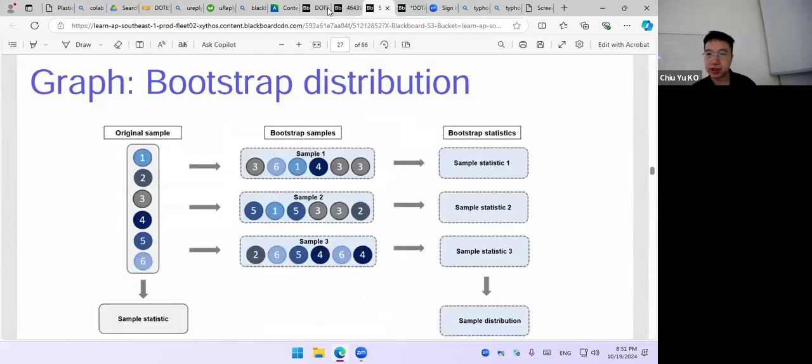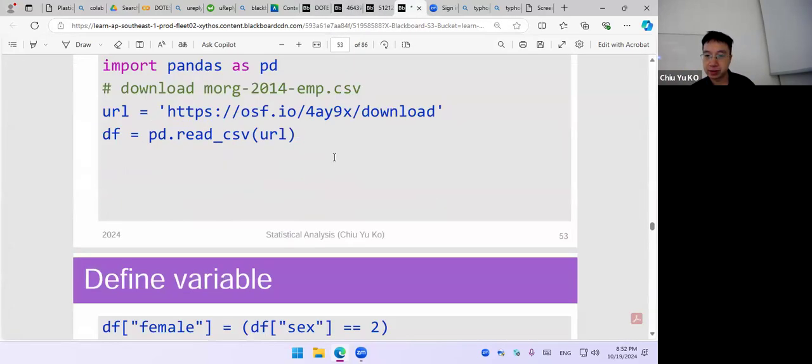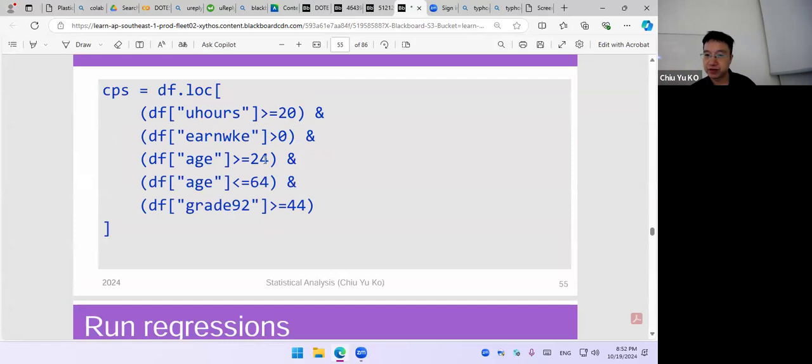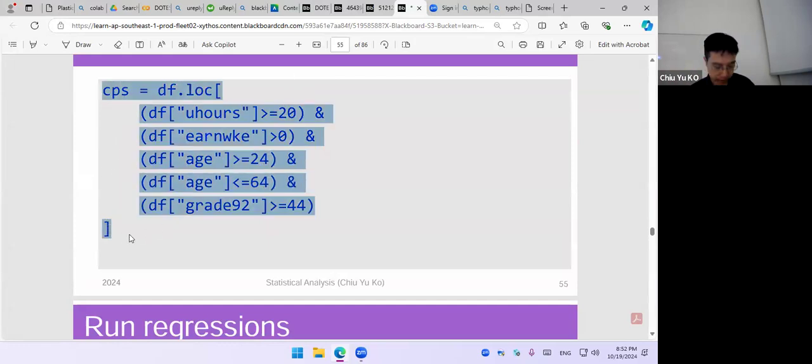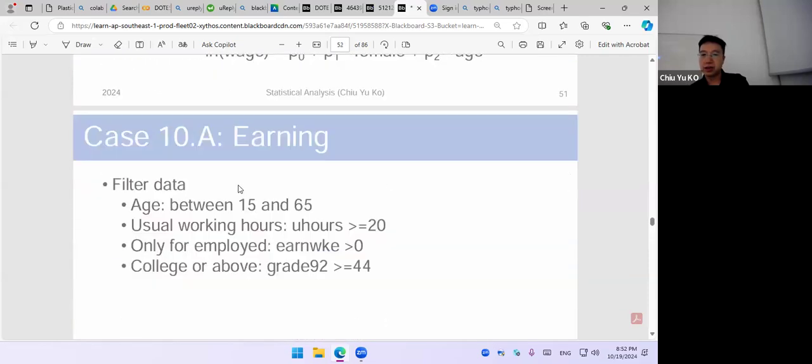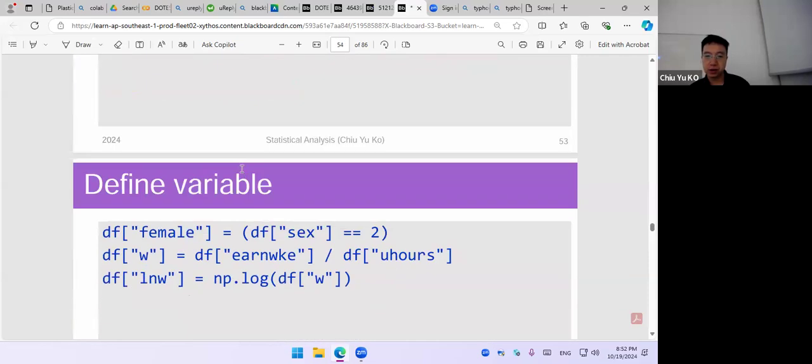Anyway, let me change the code because it should be 15. I don't know why I have 24 here. Oh, I see. Age should be 15 because they finished college, so there should be 24 more. Sorry, I think the original slide is not correct. Not between 15, it's between 24.